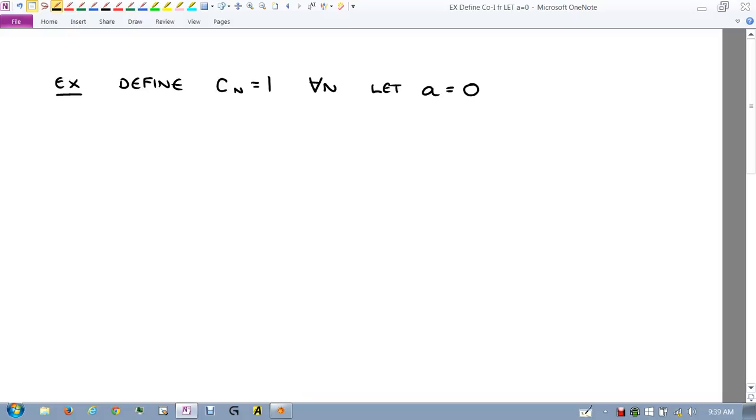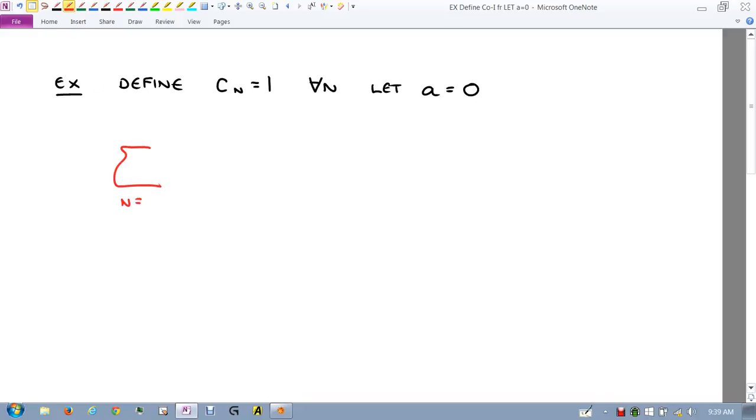So I'm defining a power series right here. I'm telling you what the sequence is, right? I'm telling you what the c sub n's are. I'm telling you they're always the same every single time: 1, 1, 1, sitting in front of all those things. And then where it says x minus a, I'm letting that a be 0. All right? So let's write out the series.